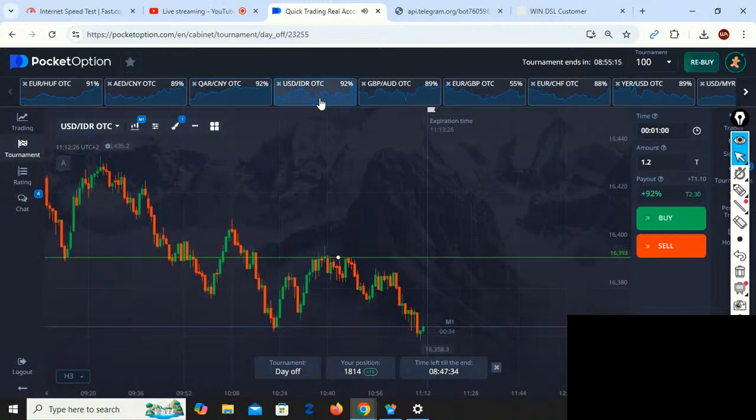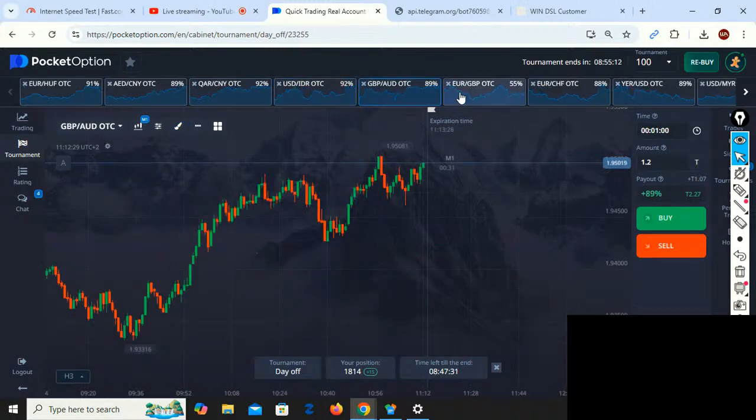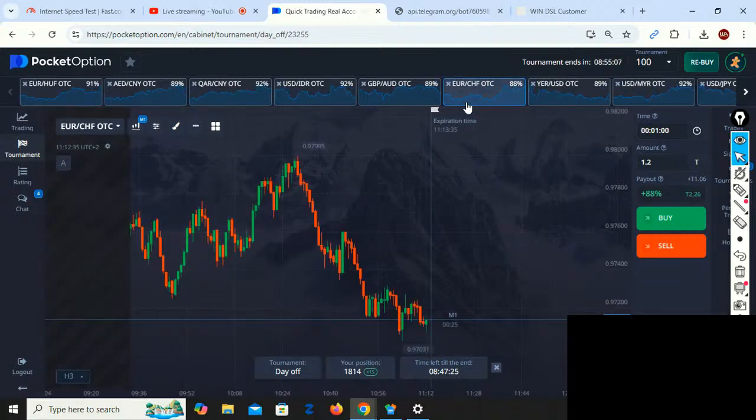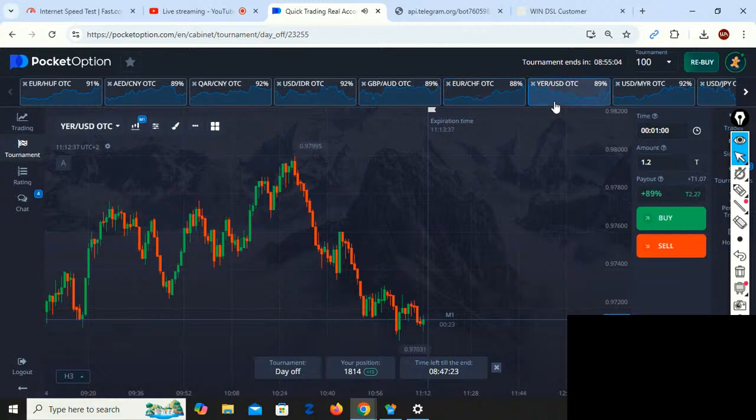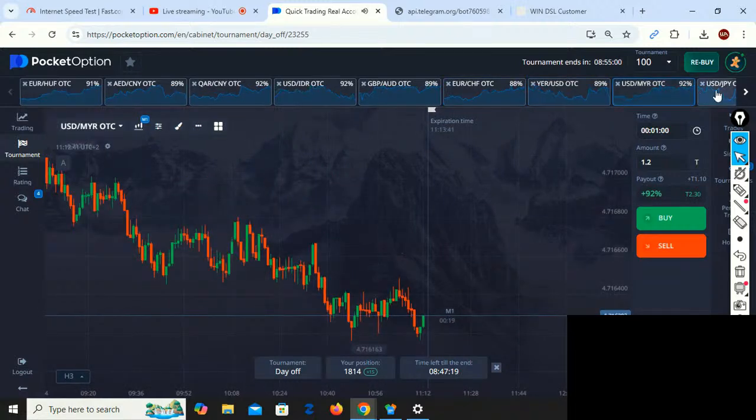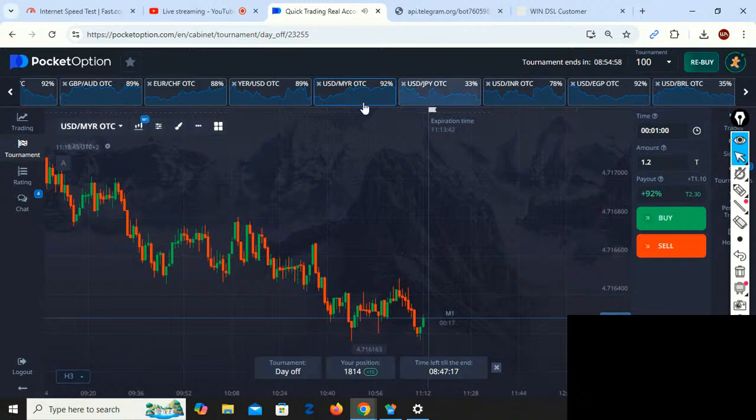Let me see. I think it can work as well if the price is shooting up. But this is how the strategy was suggested to me. I was told it works best when we have a clean, violent drop in price.